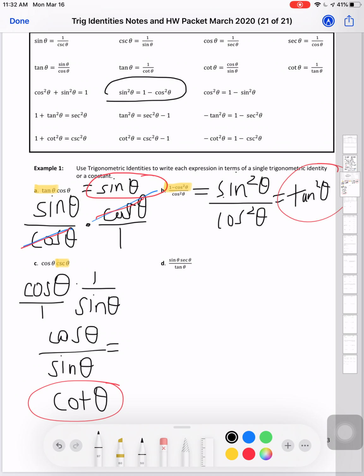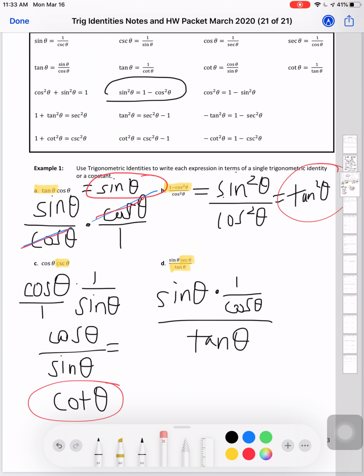And they can get a little more complicated, and my main goal is to simplify them as much as I can, changing things that are built off of multiple things. So I'm going to change the secant, and I'm going to change the tangent this time into terms of sines and cosines. So I have sine of theta times 1 over cosine of theta over tangent. But I'm actually then not going to change the bottom one, because what I realize is that the numerator, when I multiply those together, I get sine over cosine.